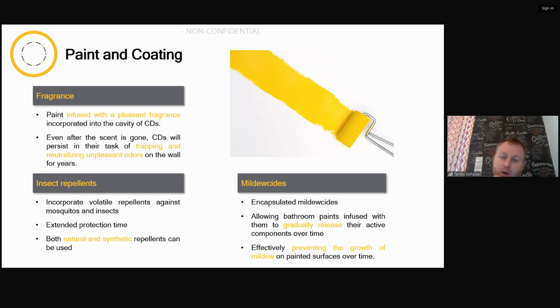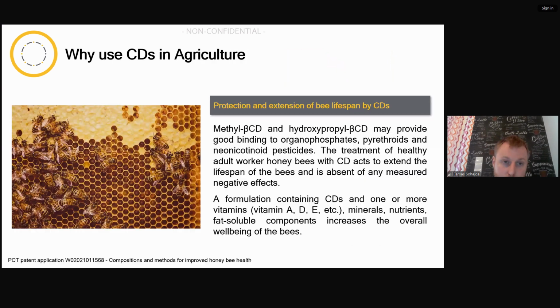Technically, compounds against mold, or against mildew, you can also put into the paintings, which is of course very common in bathrooms and stuff like that. Based on cyclodextrin complexes, it's very easy and straightforward to do.